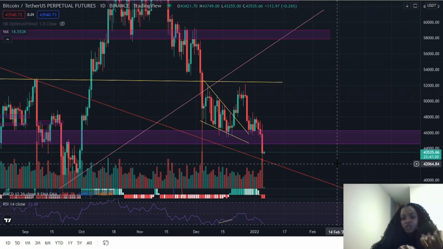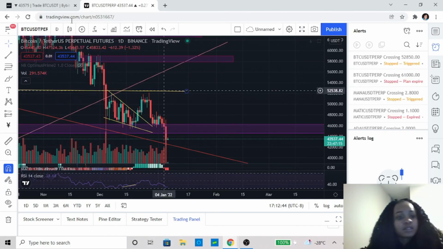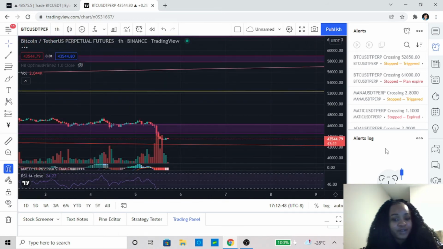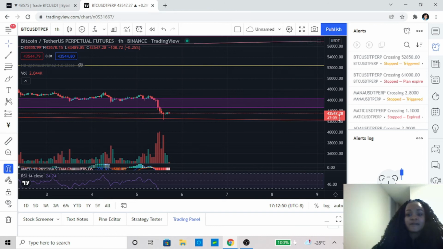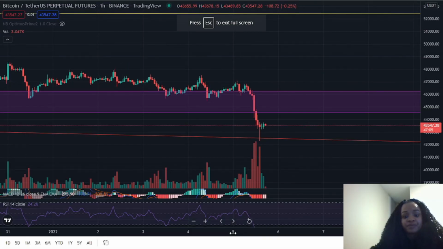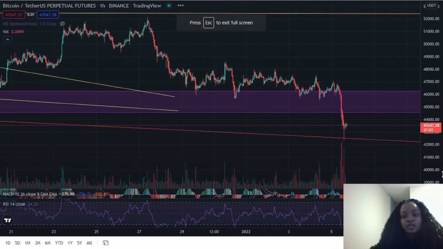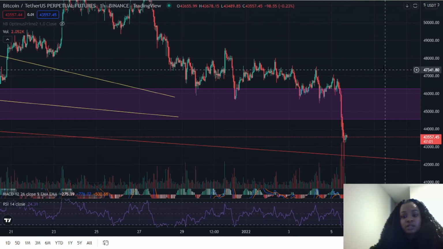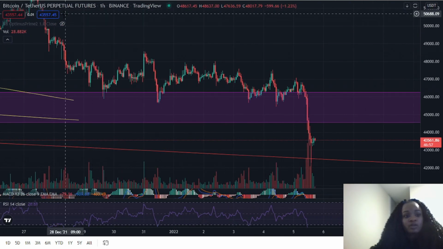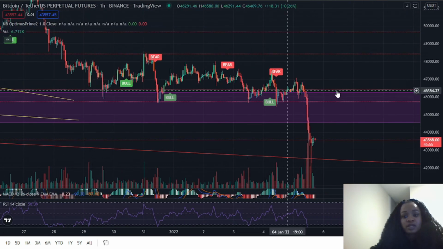Well, before I trade this, I want to look at one more time frame, and this is the 1 hour time frame. I want to get a better idea of what's really happening. So as I can see here, let me turn on my indicator so you can tell me what's happening. That's another thing.